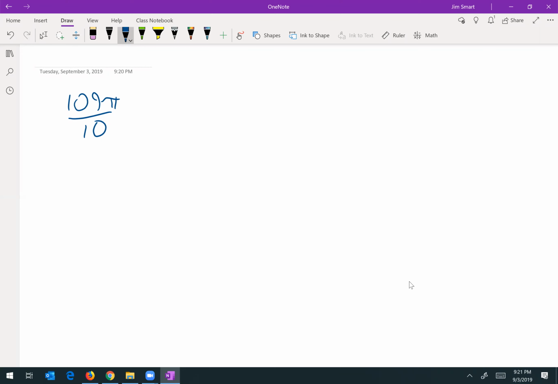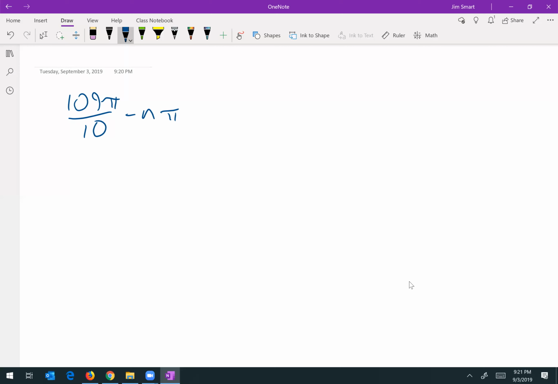My trick to this is I sort of ignore the pi. If you think about it, I'm going to subtract some multiple of pi that's even. So I'm going to subtract n pi to find my angle. I don't know what n is. It's some even number, 2 pi or 4 pi or 6 pi or 8 pi, an even multiple of pi.